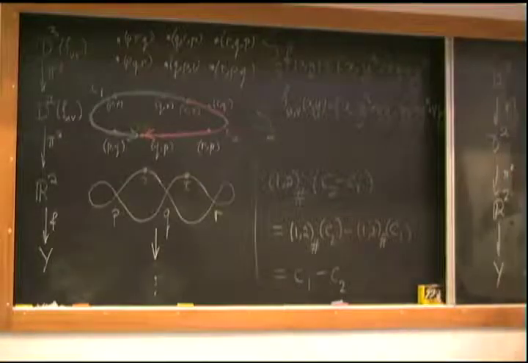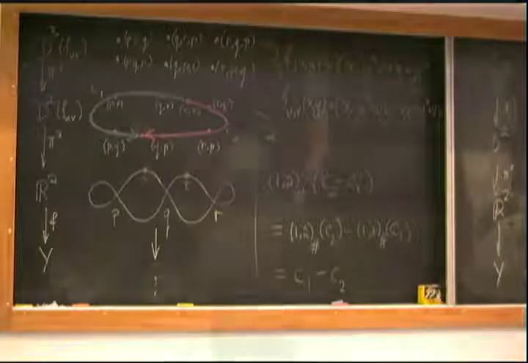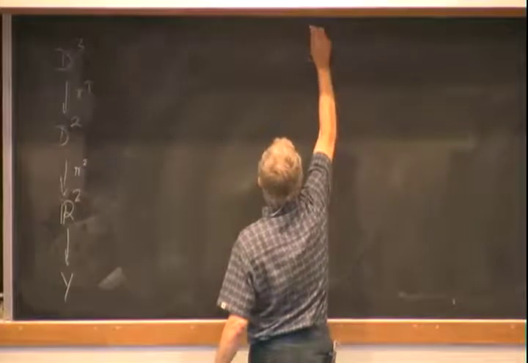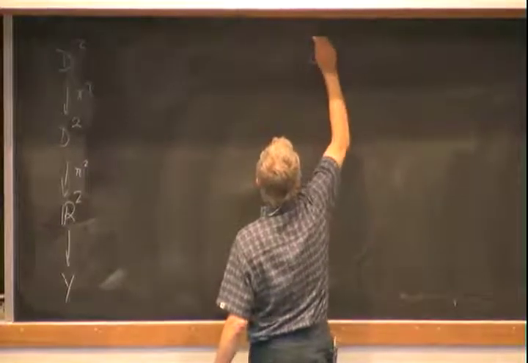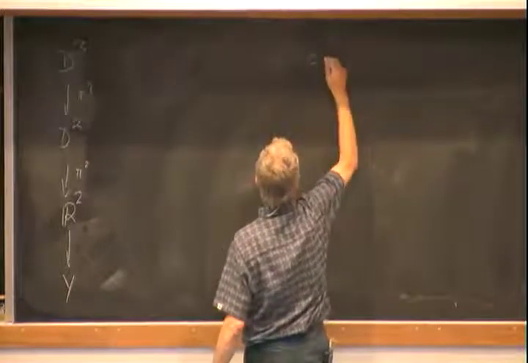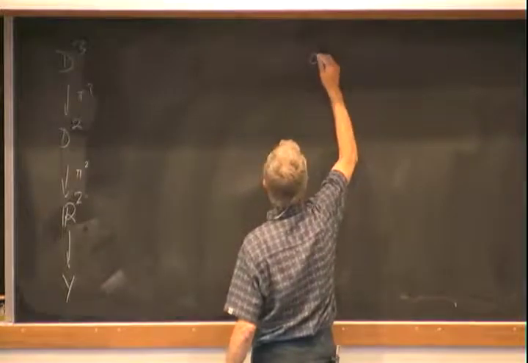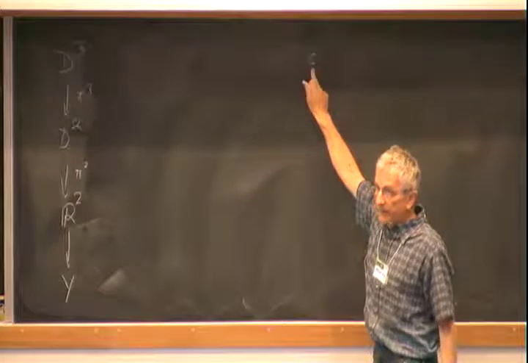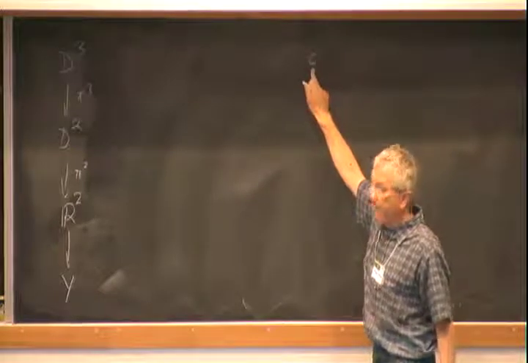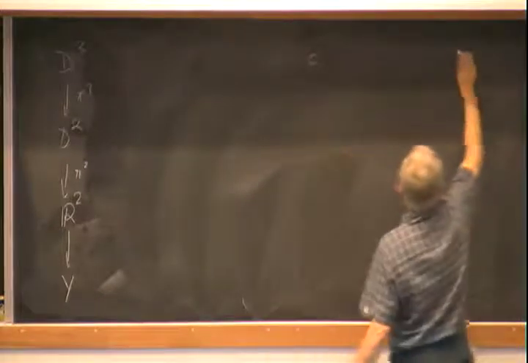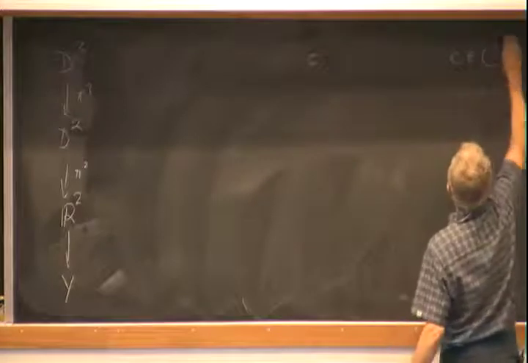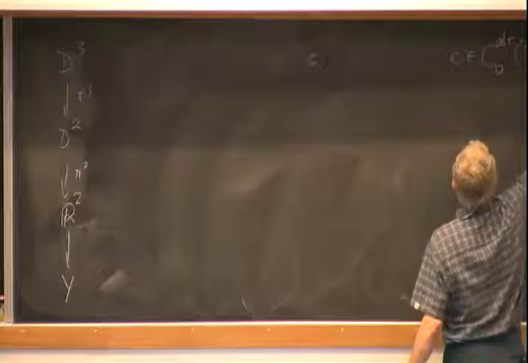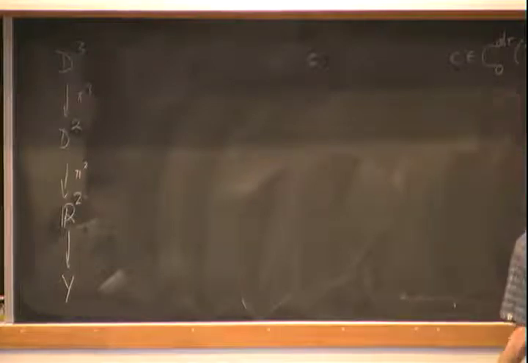So let me take now a homology class C. How shall I write this? Well, I'm not going to write where it is, but I want this to be an alternating homology class on D3. So maybe I'll just write C in H naught alt of D3 of f u v.